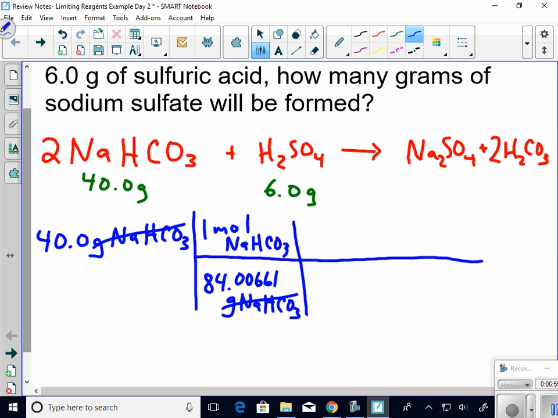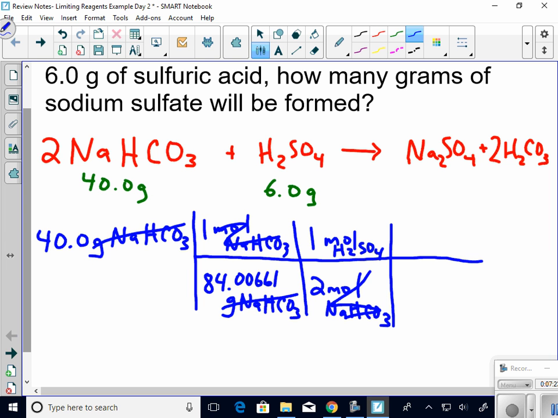I look at my molar ratio: 2 moles of sodium bicarbonate is 1 mole of sulfuric acid. My moles of sodium bicarbonate cancel.